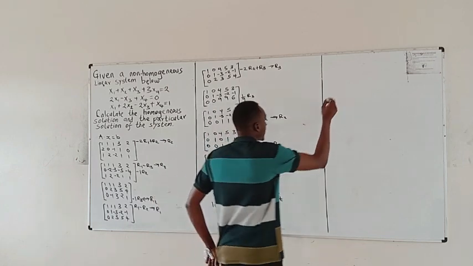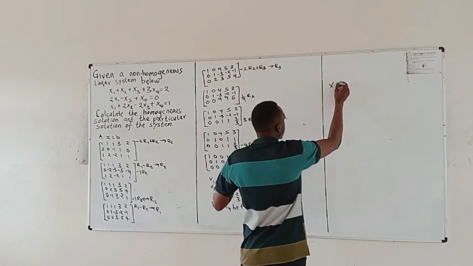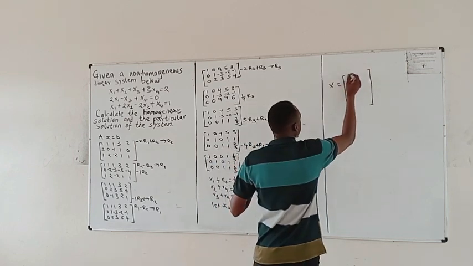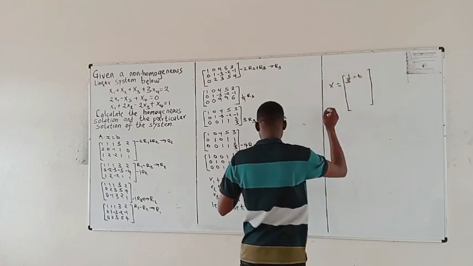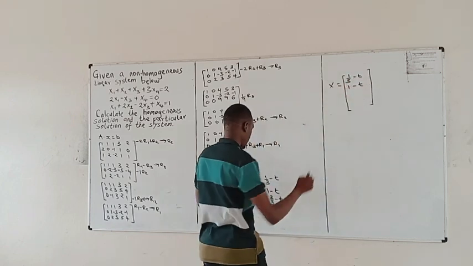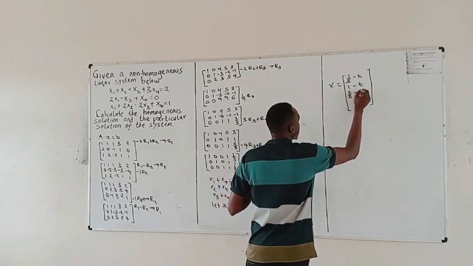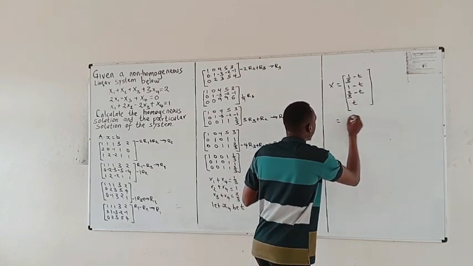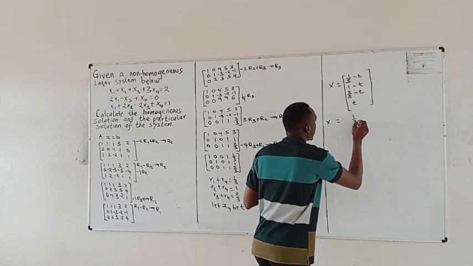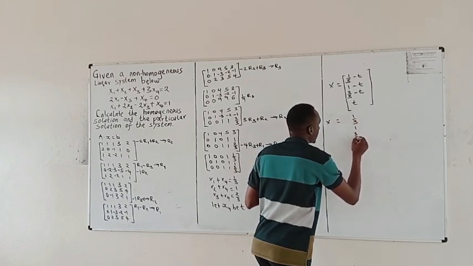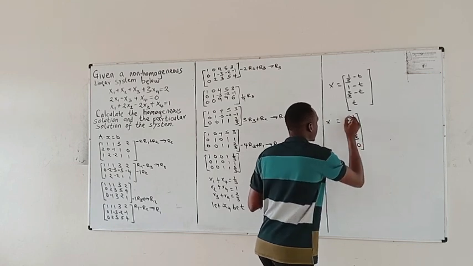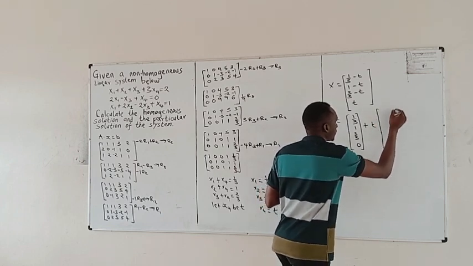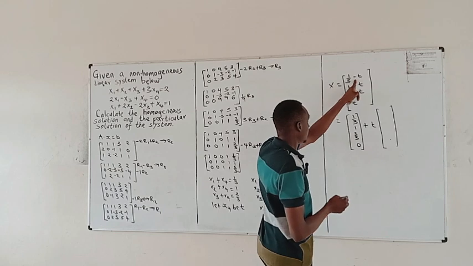Now we realize that our x is now equal to a third minus t, 1 minus t, 2 over 3 minus t, and t, which can be written as x will be now equal to a third, 1, 2 over 3, 0, plus, let's factor out t into negative 1.